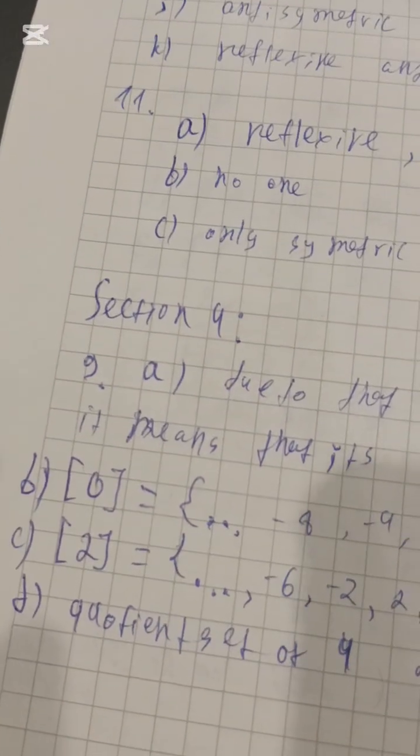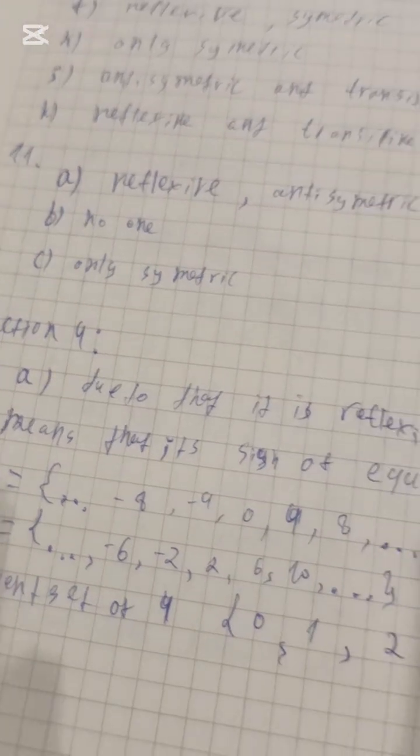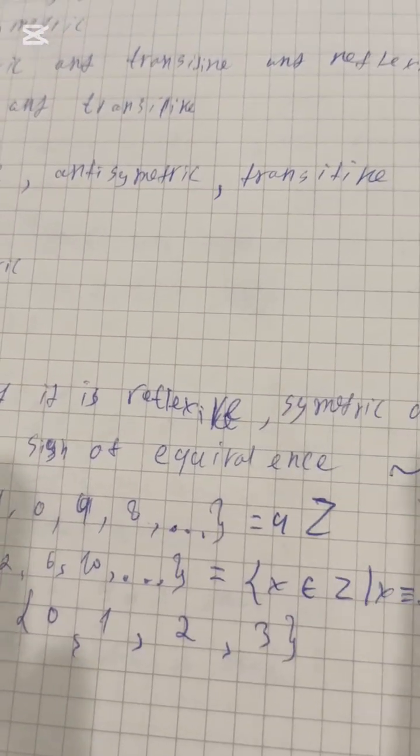And in D the answer will be a quotient set of 4. There are 4 different classes: 0, 1, 2, and 3.